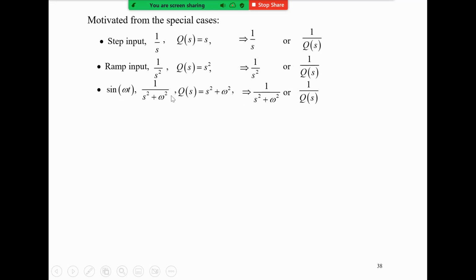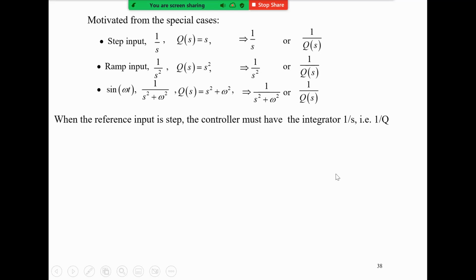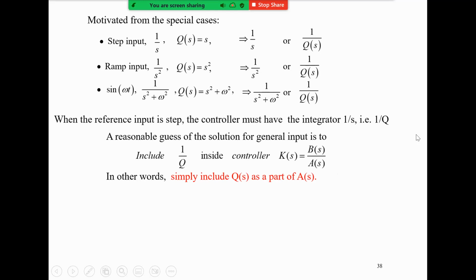If it's a sinusoid, as I just showed you, you have to put those sinusoid factors as a part of your controller. Overall, when the reference input is a step, you have to have an integrator, 1 over Q. Therefore, we can guess the general form for general input will be like this.